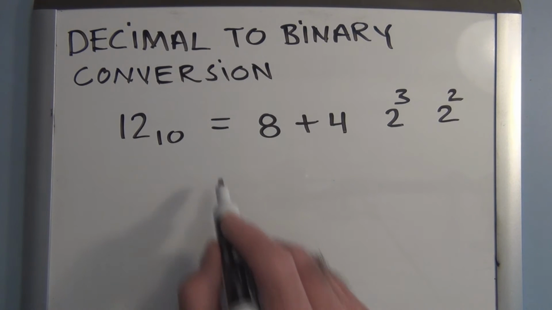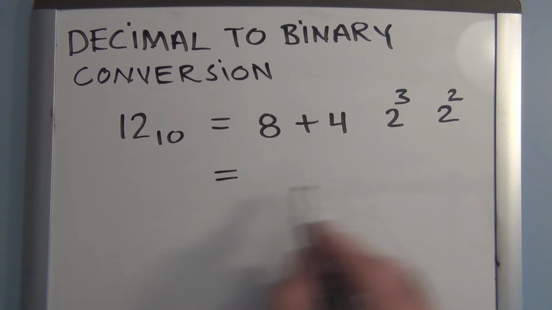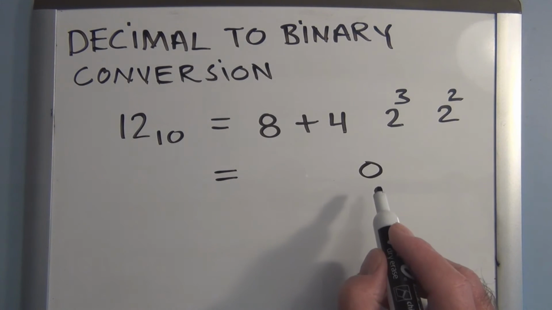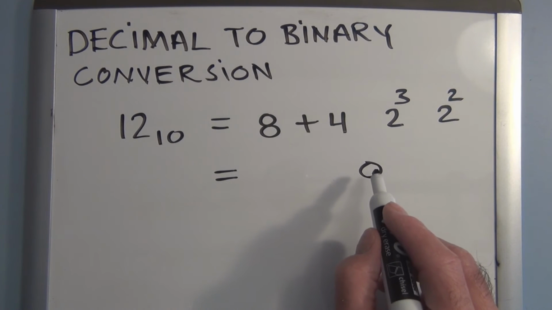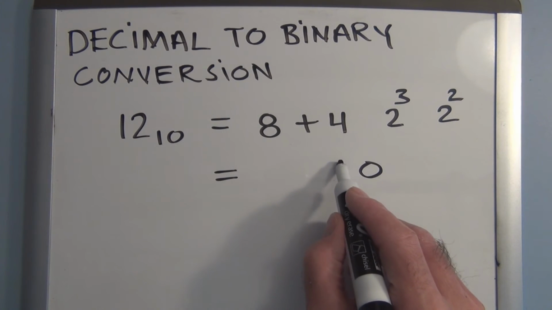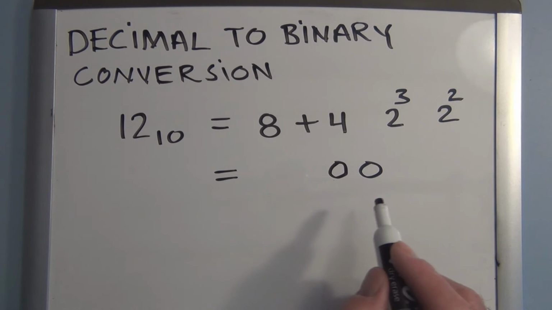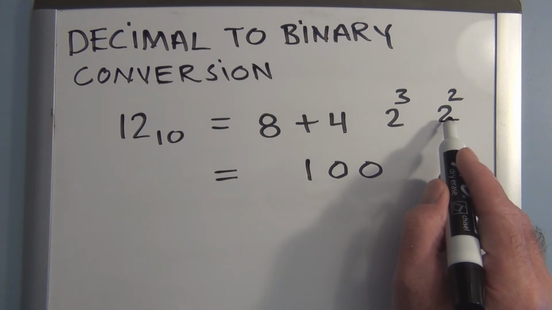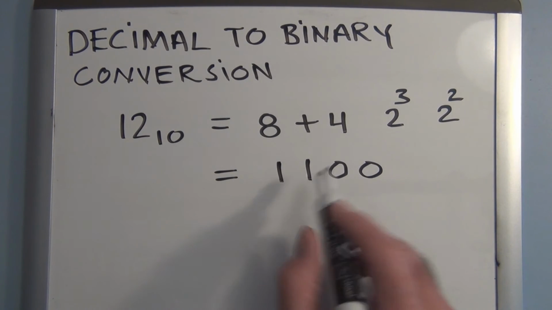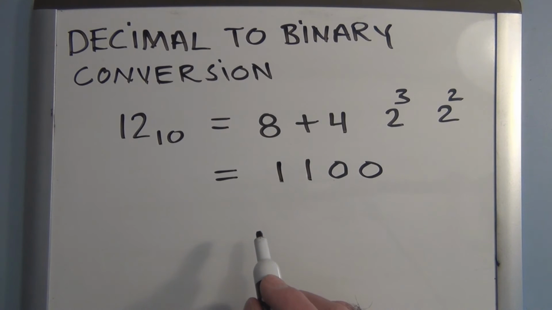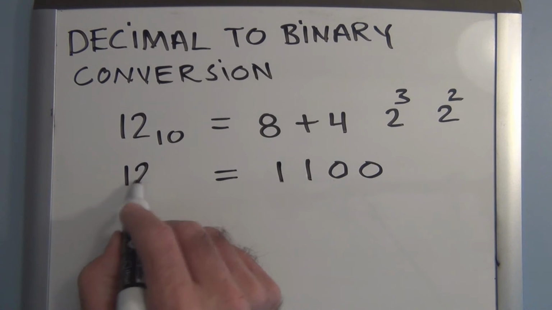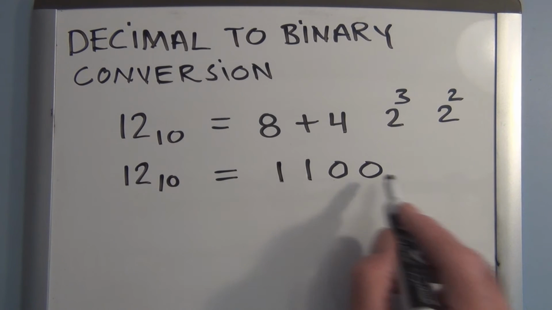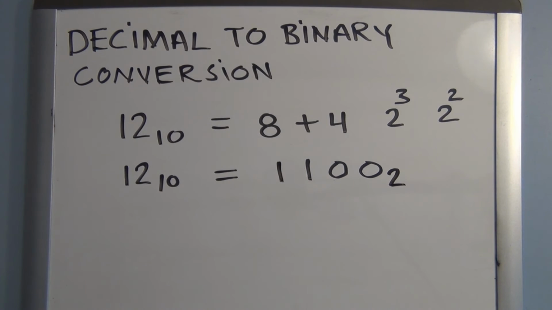So if we want to convert that into binary, we have a 0 in the 2 to 0 position, a 0 in the 2 to the 1 position, a 1 in the 2 to the 2, and a 1 in the 2 to the 3 position. So 12 to the base 10 is equal to 1100 in binary.